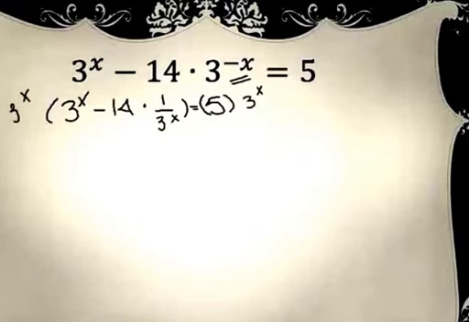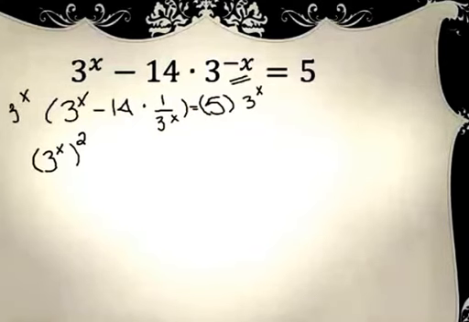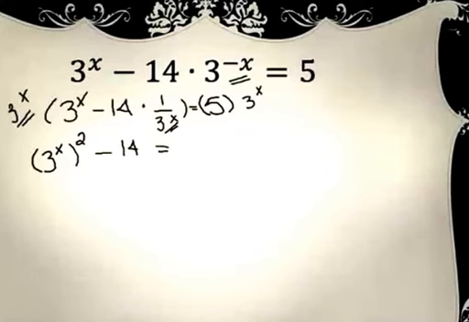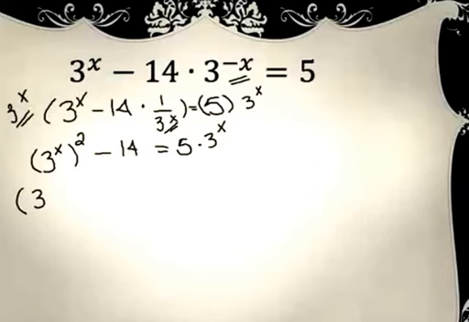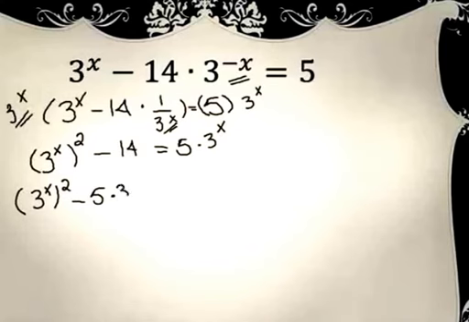So this gives me 3 to the x squared minus 14. Now 3 to the x times 1 over 3 to the x is 1 equals 5 times 3 to the x. I want to make it equal to 0, so I'll have 3 to the x squared minus 5 times 3 to the x minus 14 equals 0.